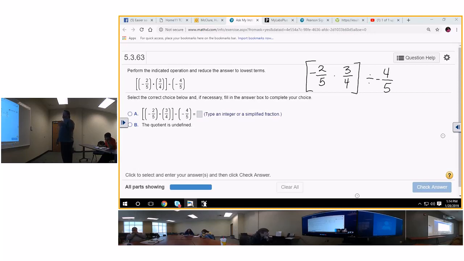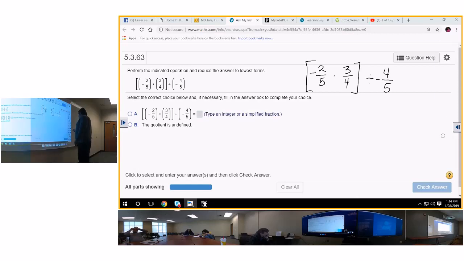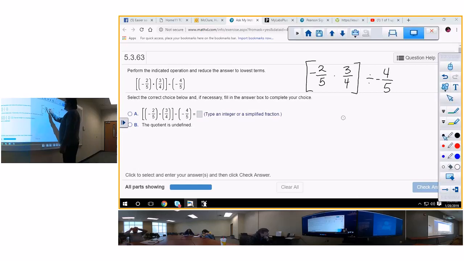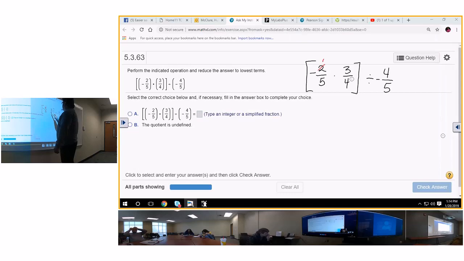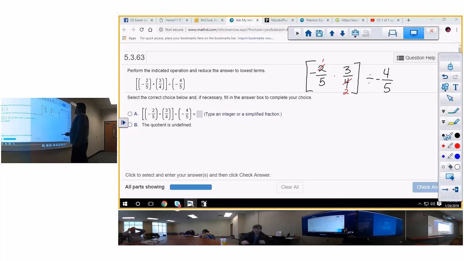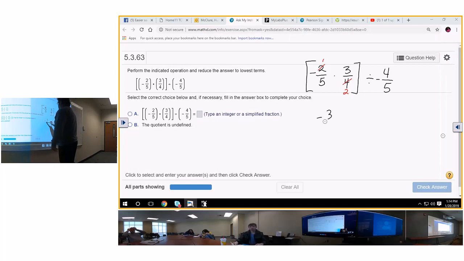Remember, you can either do it and reduce or reduce and do it. You can do 6 over 20 and reduce, or I can cancel this 2 and this 4, and I get 3 over 10. So that's negative 3 over 10 divided by negative 4 over 5.